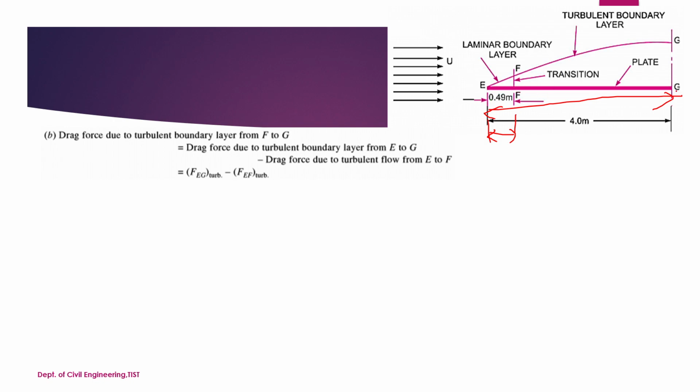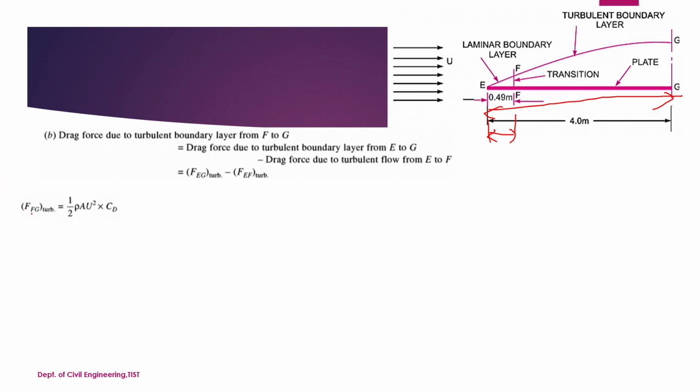So now how to find out the drag force for FG? You can just take the difference of these two. EG minus EF will give you the drag force for FG.